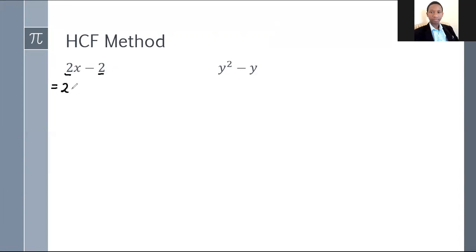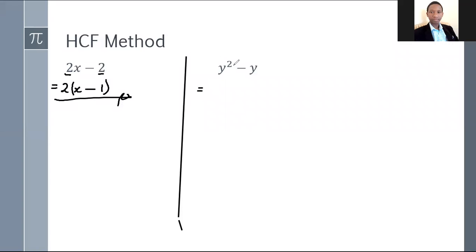So I take 2 and then I divide 2x by 2, I get x, then minus, I keep the sign, 2 divided by 2 is 1, and that's it. And that's why usually questions like this will be simply 1 mark in terms of mark allocation.